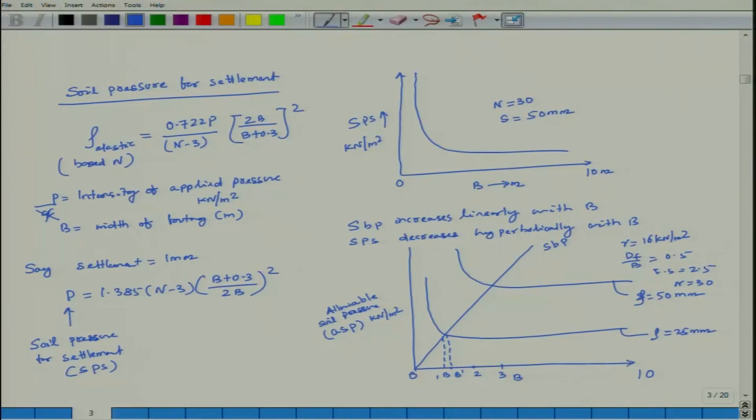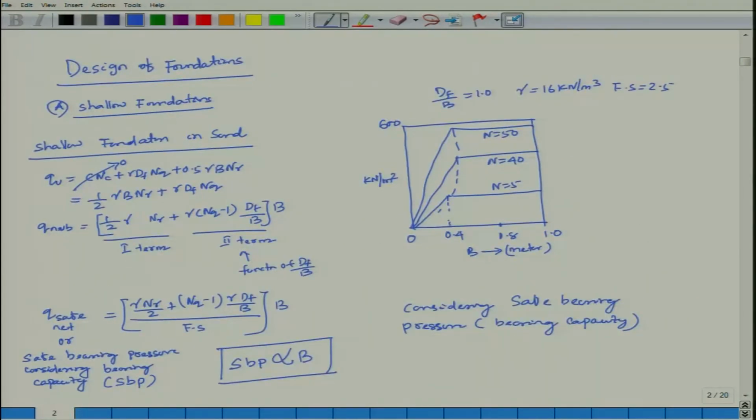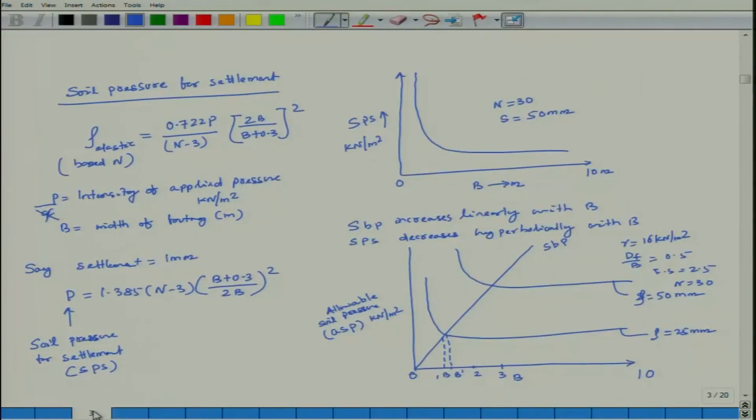So, after certain part, as we have seen here, it remains constant, certain width. If you look at here, also your soil pressure for settlement, it decreases hyperbolically with B.